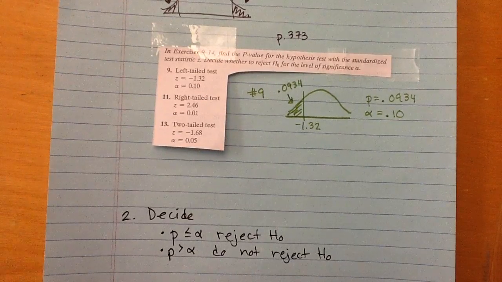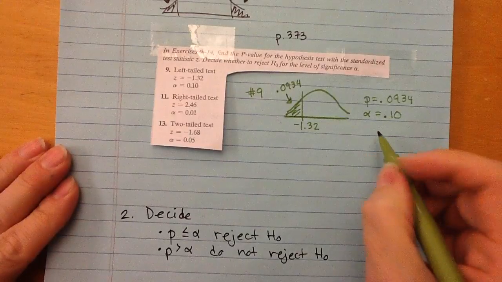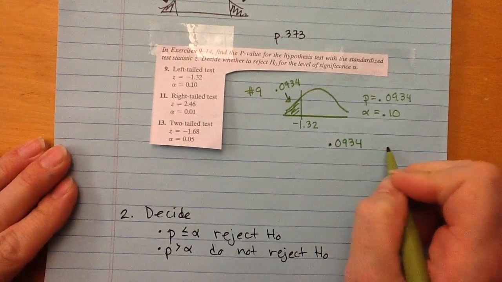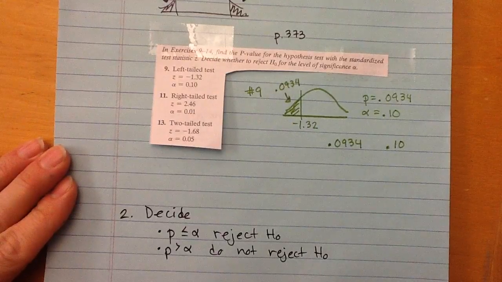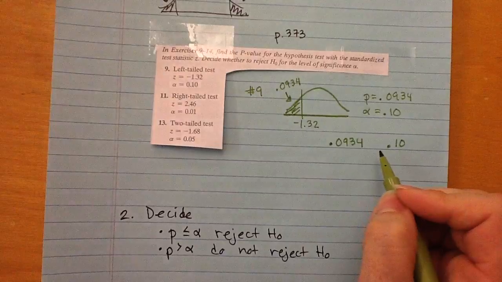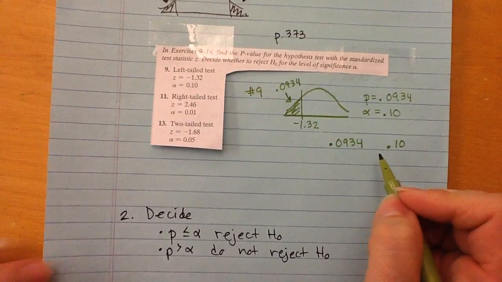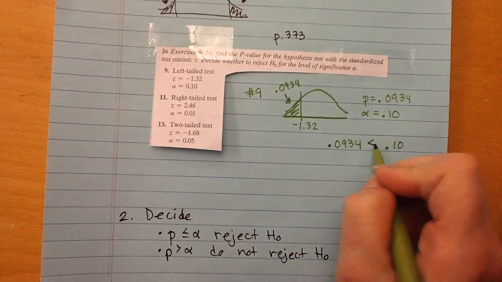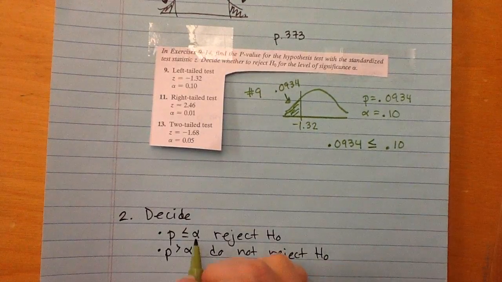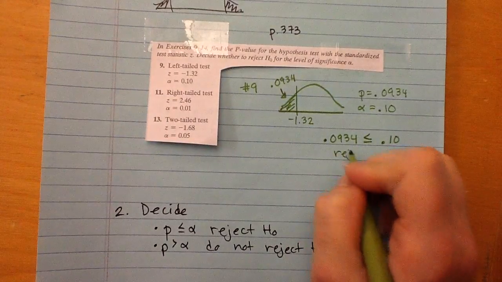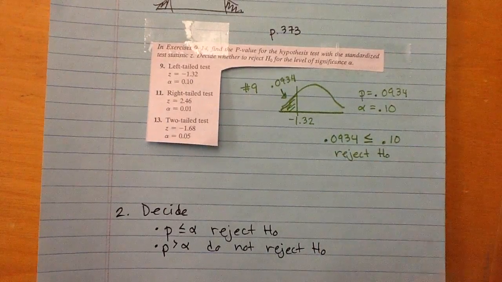In our example here, number 9, the p-value is 0.0934. The alpha is 0.10. Since the p-value is less than or equal to alpha, we reject H sub 0.